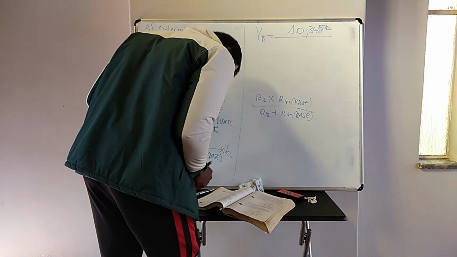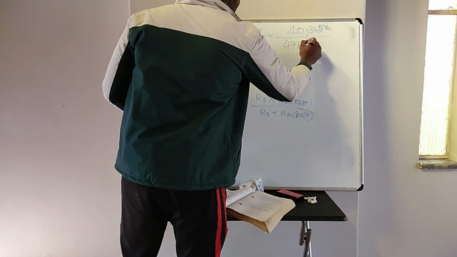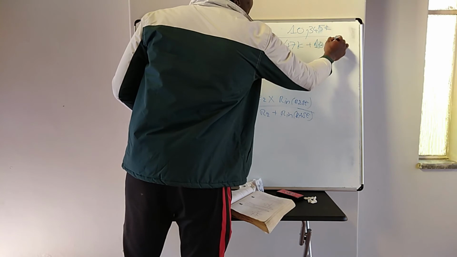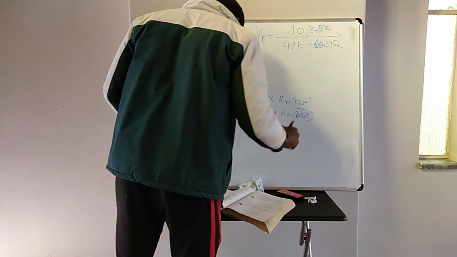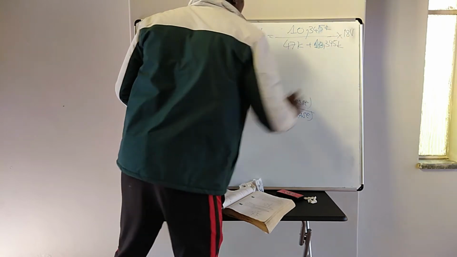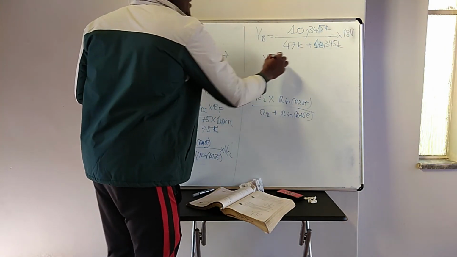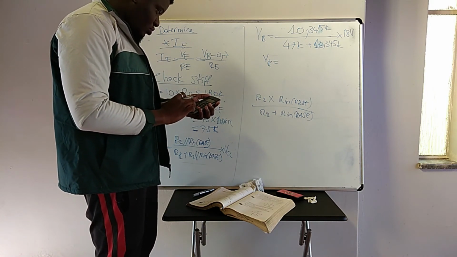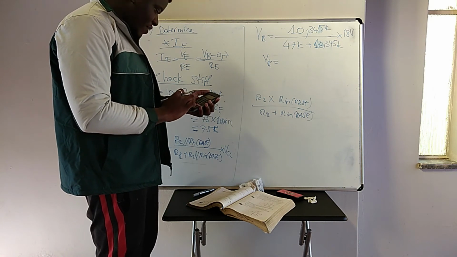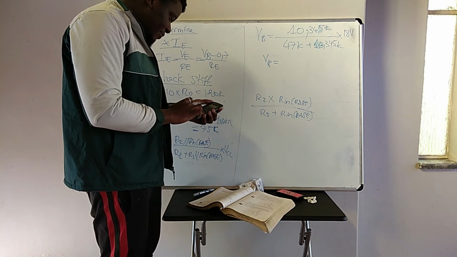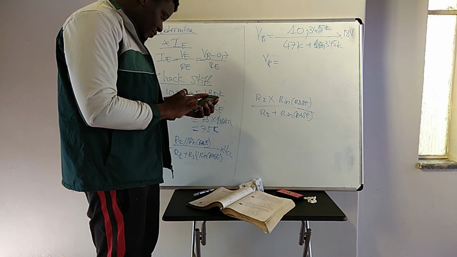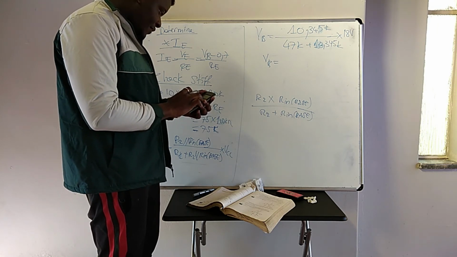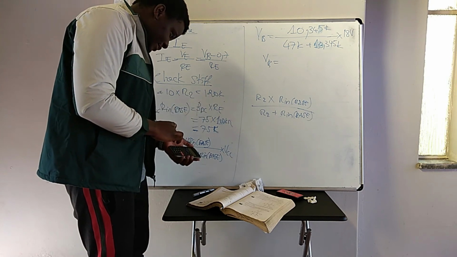R1, which is 47k plus 10k, and VCC is 18 volts. So VB is going to be 10,345 over 47, my R1, plus 10,345 times VCC, which is 18.